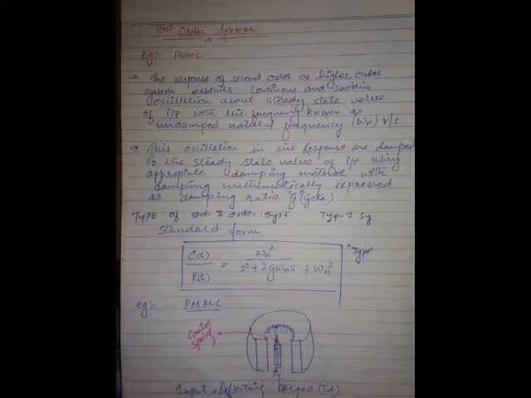When TD is equal to TC, what should happen to the pointer? It should stop, but practically it will not stop. It will come to the steady state value and it will continuously oscillate. It exhibits continuous oscillations. The frequency with which the pointer oscillates is called the undamped natural frequency.